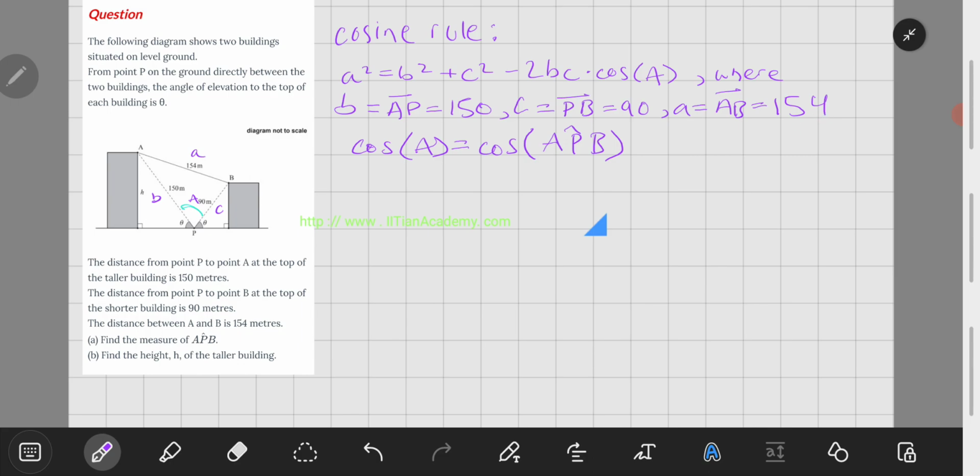And so when we substitute this in our equation, we should get 154 squared is equal to 150 squared plus 90 squared minus 2 times 150 times 90 times cos A, the angle we're looking for.